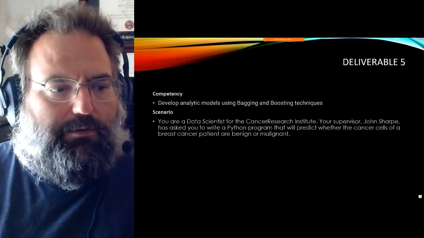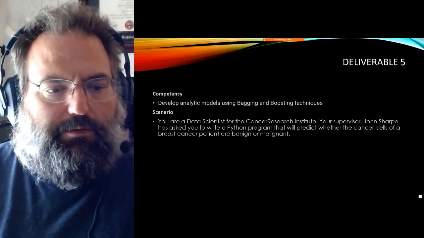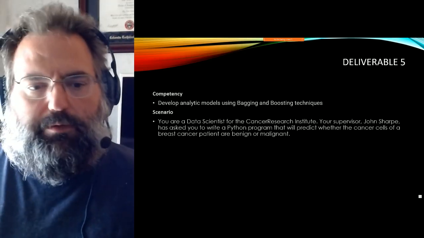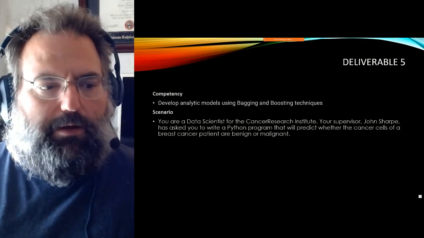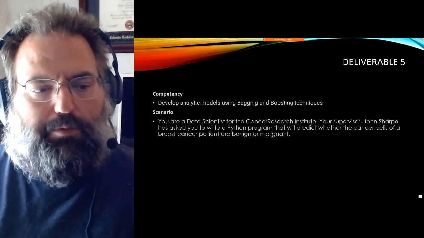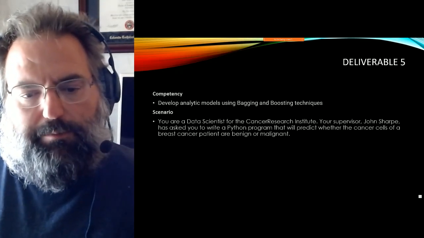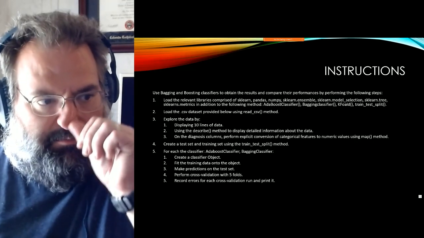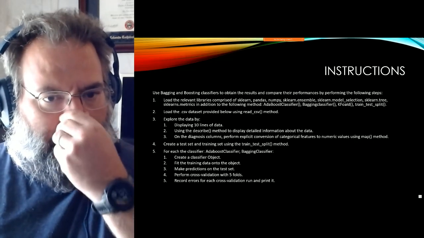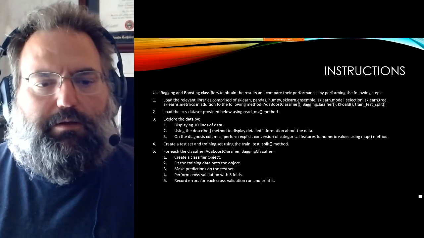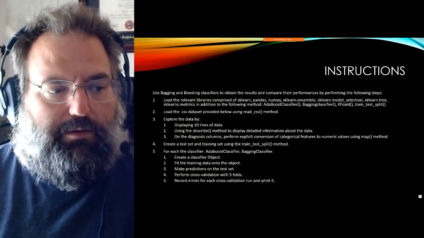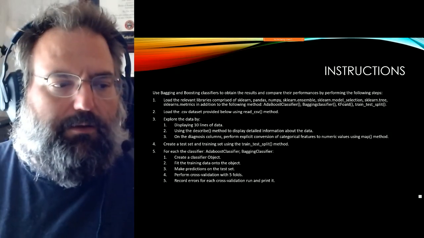Shifting over to deliverable 5, it's always a good idea to talk about the things that you're being asked to do. You're now a data scientist at a cancer research institution. You're asked to write a program in Python that predicts cancer cells from some imaging. The detailed instructions: load the relevant libraries and read the data.